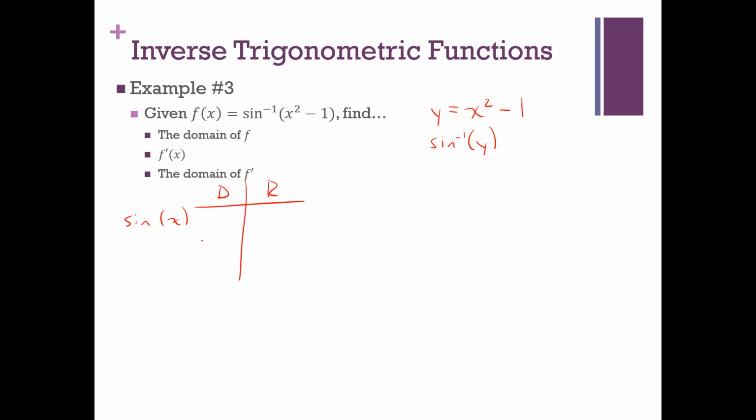What did we say the domain and range were for sine of x? Then if I want to compare that to the inverse sine of x, there you go. So what kinds of values can y take?